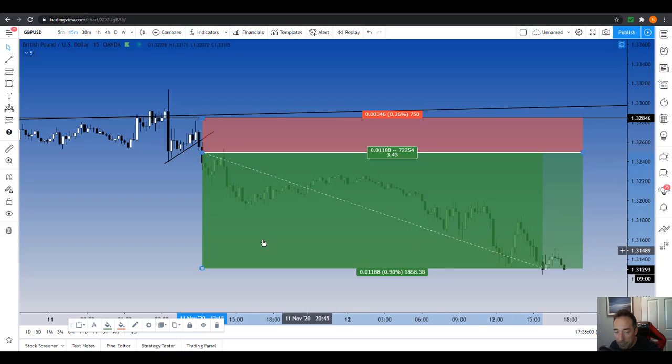From that 15-minute trade, you are 3.43% up. Literally, guys, even if you can make 2% a week, that's fantastic. 2% a week would be fantastic. Why? Well, you only need to make 6% a month to double your account in 12 months.